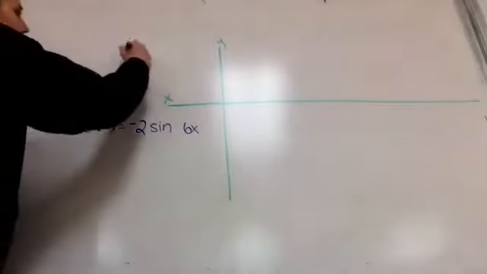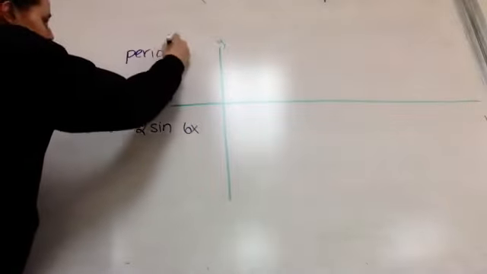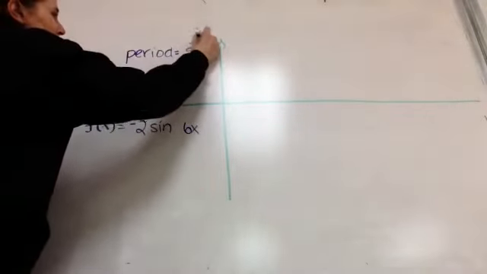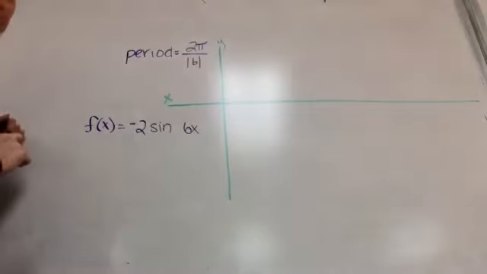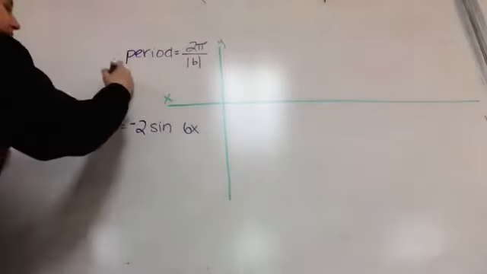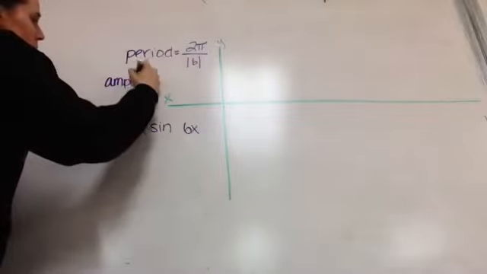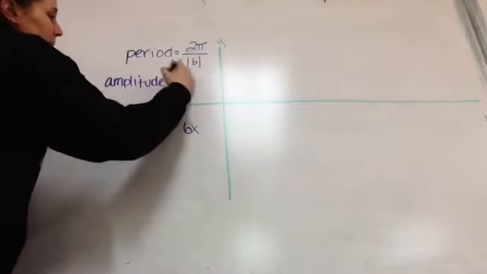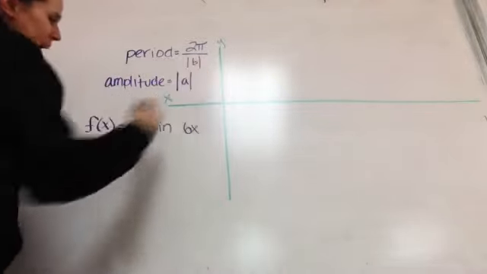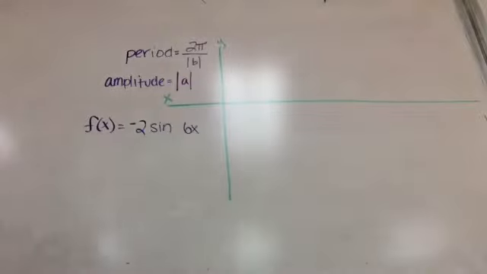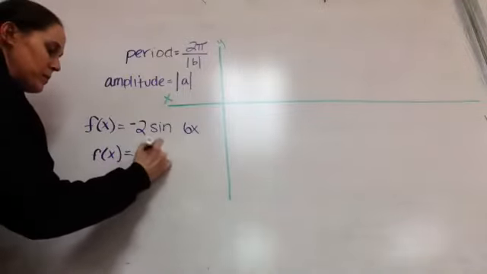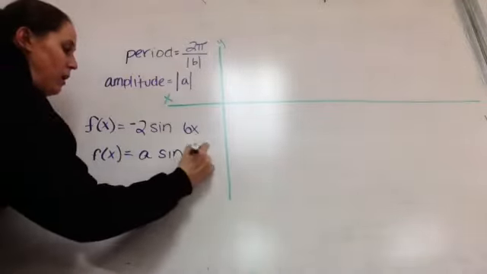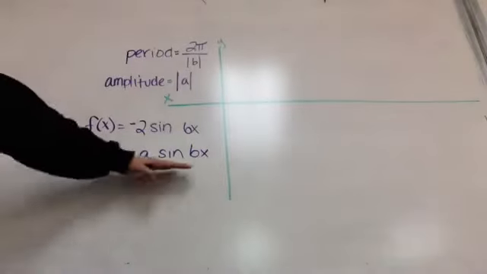So remember, to find the period, you're going to use 2 pi over the absolute value of b. To find the amplitude, you're taking the absolute value of a. Well, if you remember from the original form of the equation in the first video, this is basically what we've got.